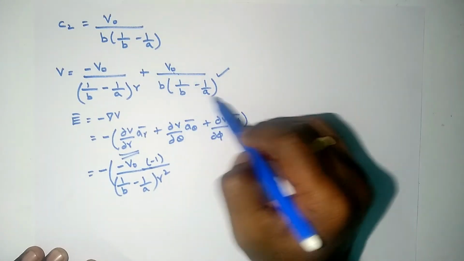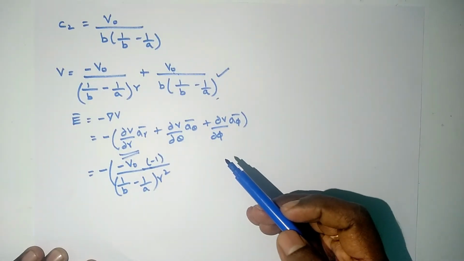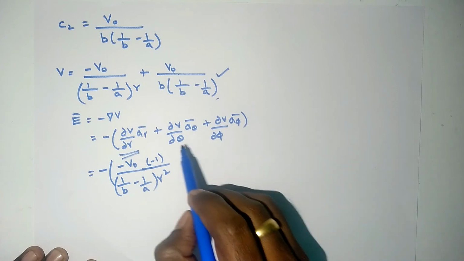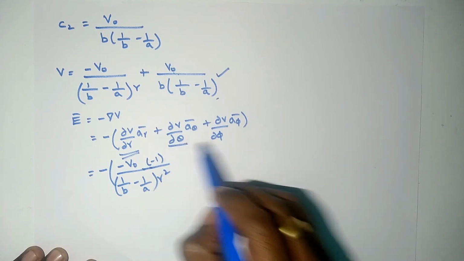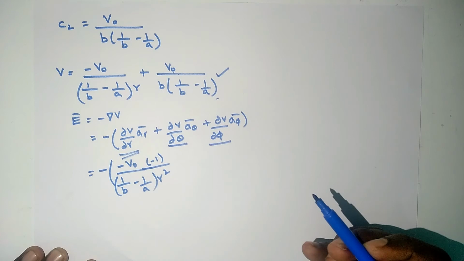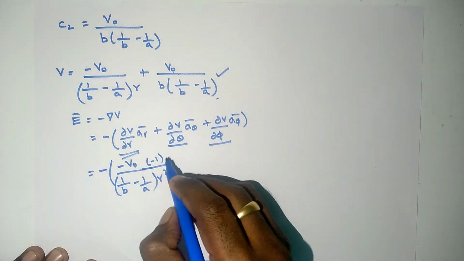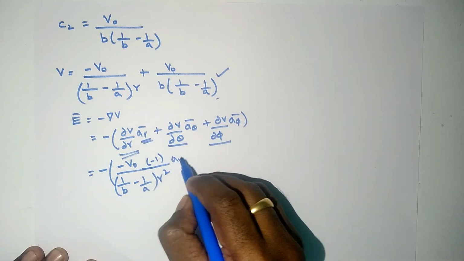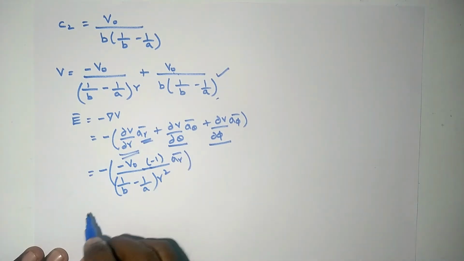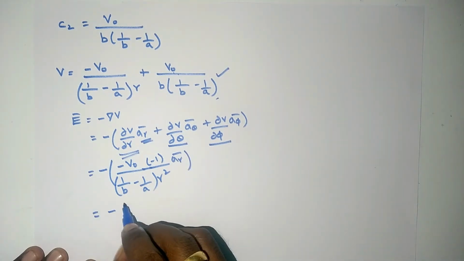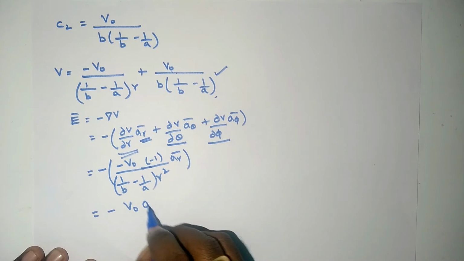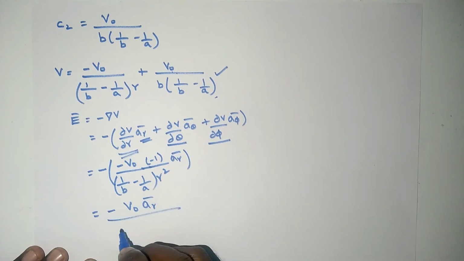Differentiation of the second term with respect to R will be equal to 0. Similarly, the differentiation of voltage with respect to theta and pi will be equal to 0. So AR, so this will be equal to minus V naught AR vector divided by 1 by B minus 1 by A into R square.